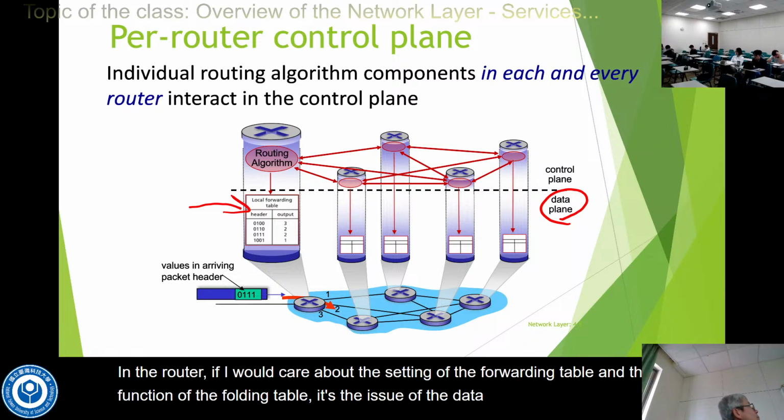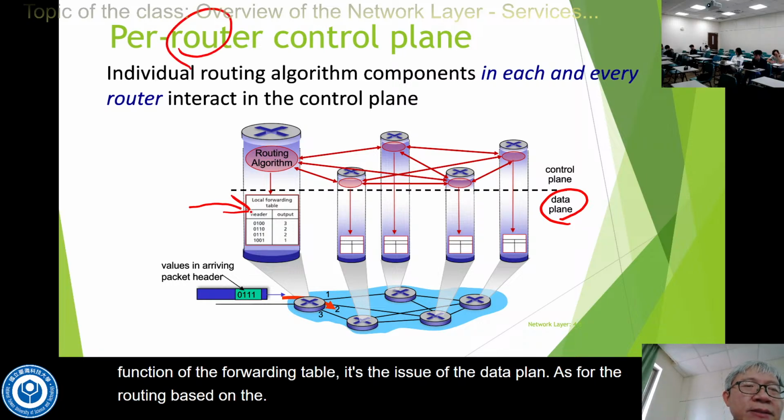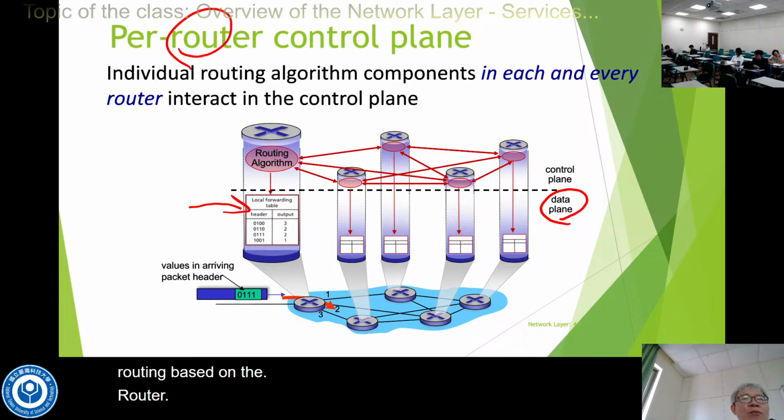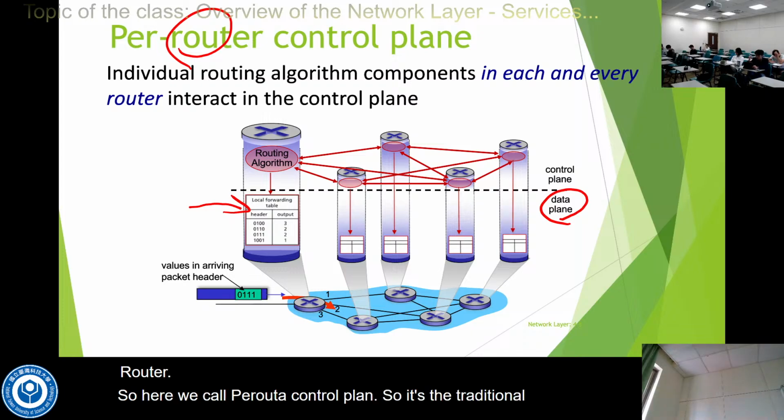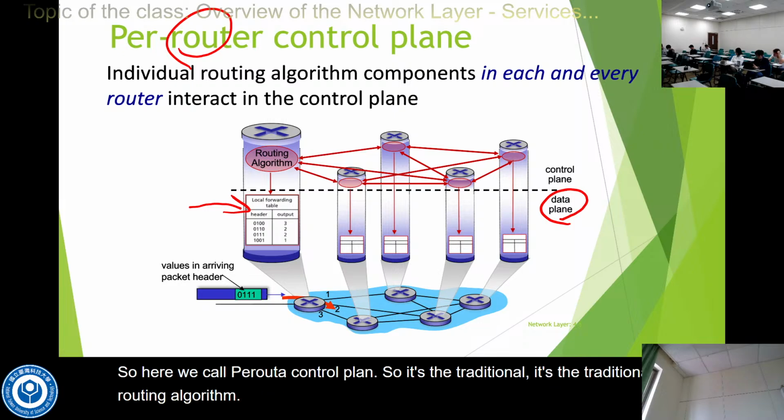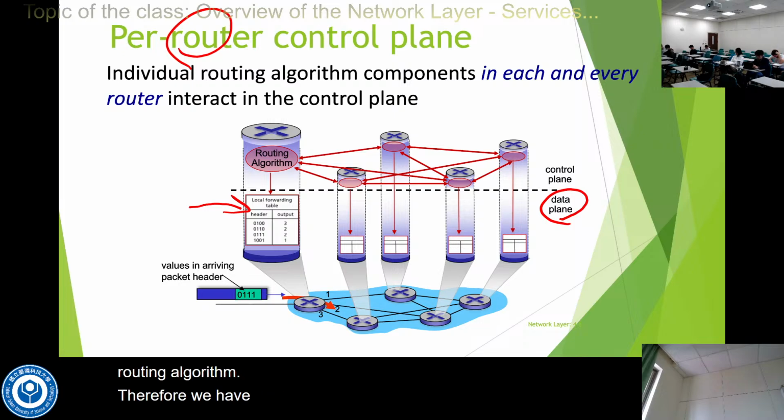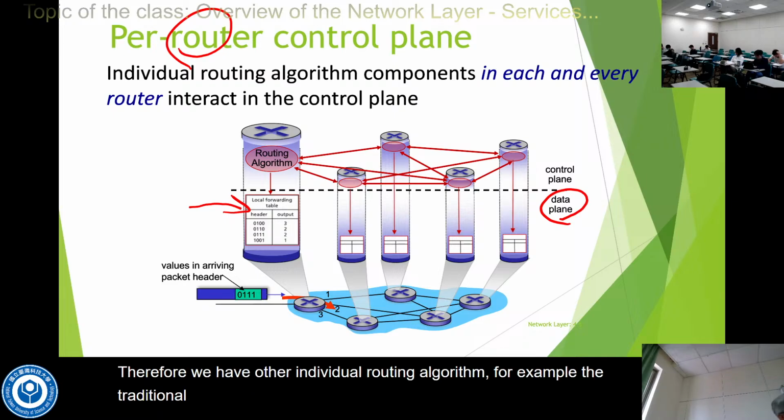As for the routing, based on the router base, here we call it the per-router control plane. So it's the traditional routing algorithm. Therefore, we have the individual routing algorithm. For example, with the traditional routing algorithm, we can have the implementation for the routing issue.